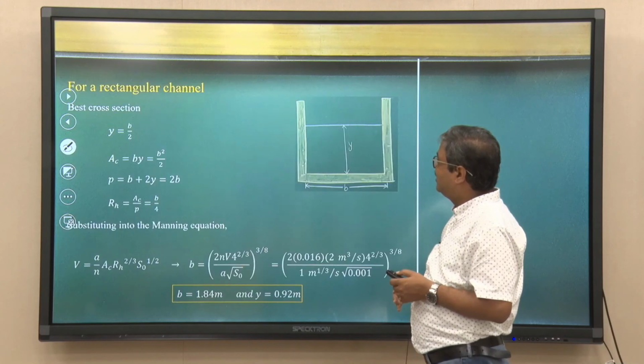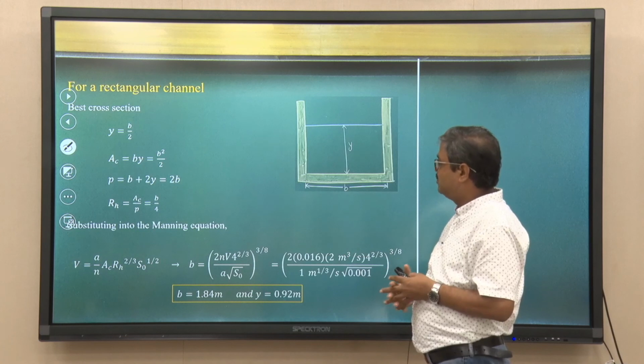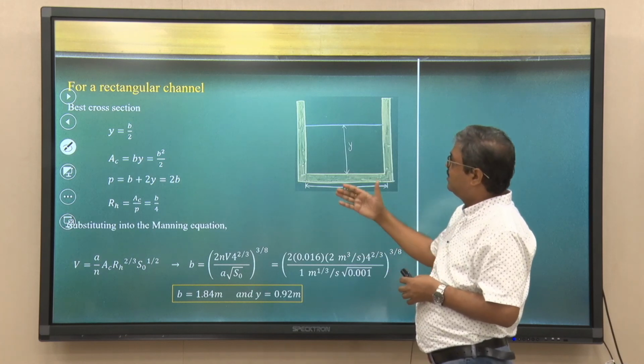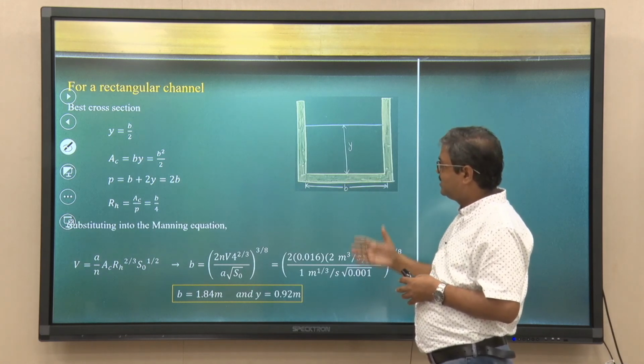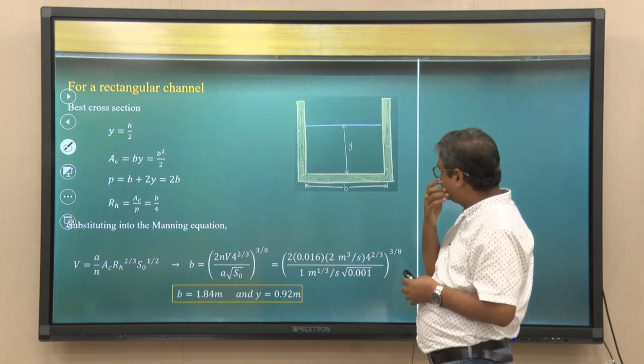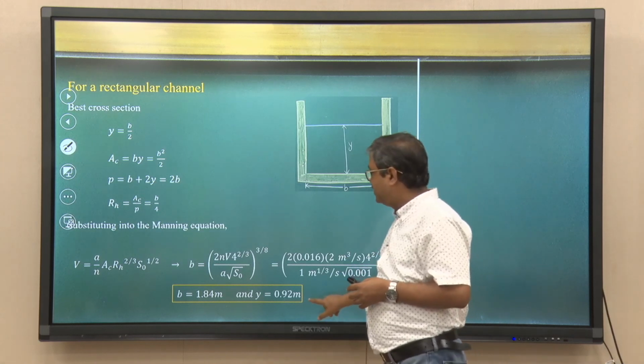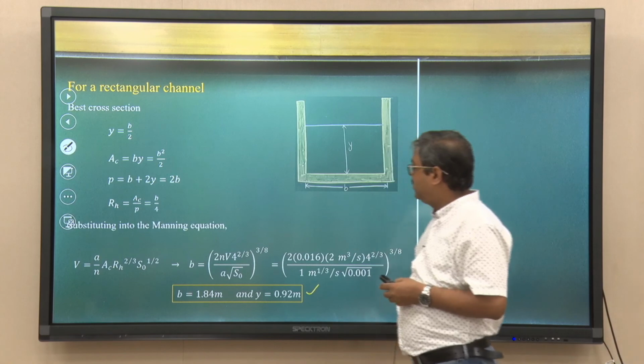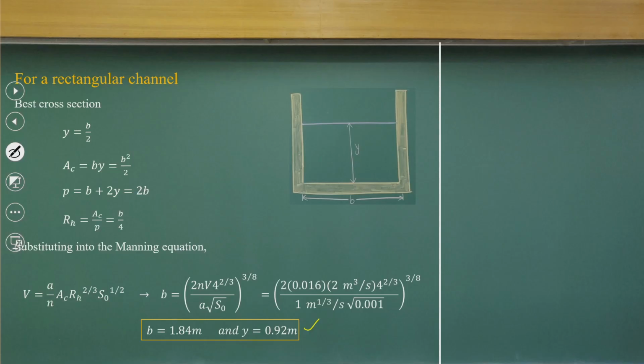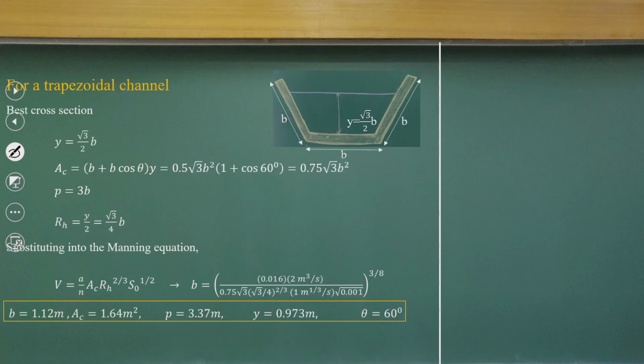And you can just substitute the basic case of rectangular and use Manning's equation to get the velocity and b and y components, as you know the flow velocity. Okay. In a similar way we can do it for trapezoidal cross sections with the help of Manning's equation.